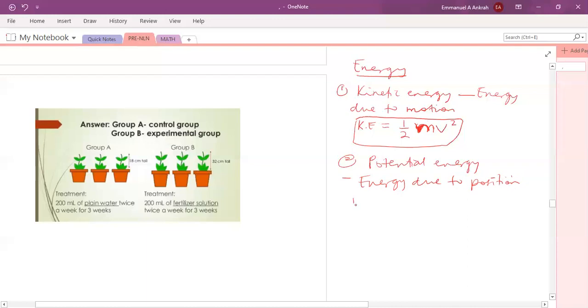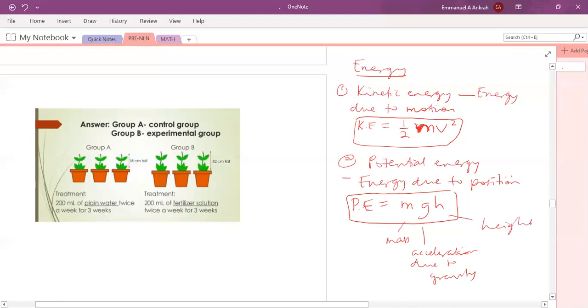So we define potential energy by the formula PE is mgh. So it's the mass times gravity. That's the mass, this is acceleration due to gravity, and then the h is the height of the object. Okay. So we'll just focus on these two energies for now.